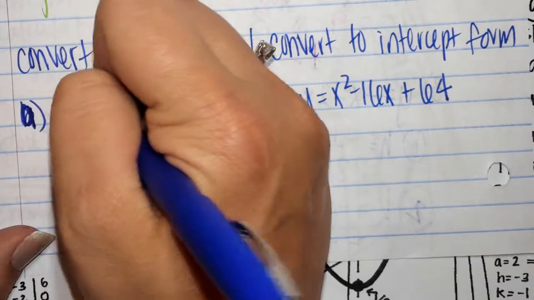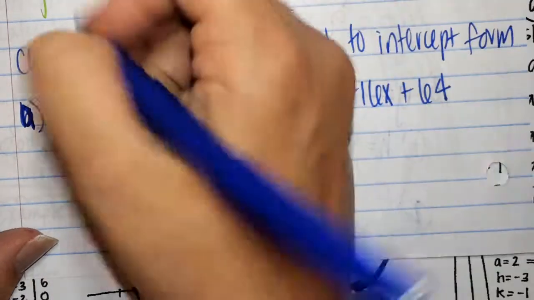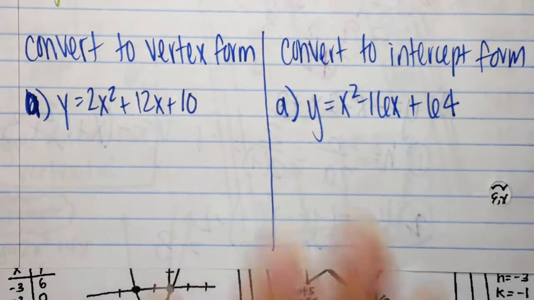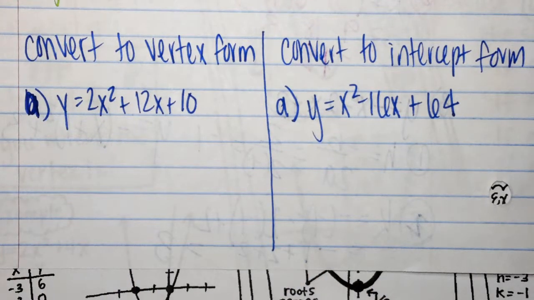I would watch out for a GCF on this one before you convert. Is that all? Yeah, that's it. Just two. When you're done, put it in the tray.